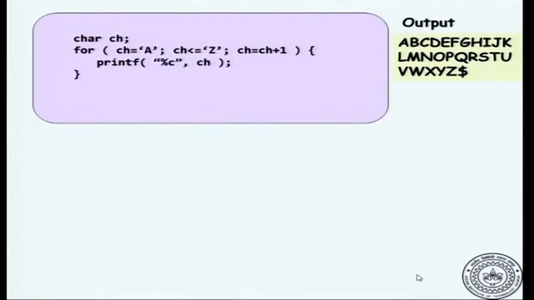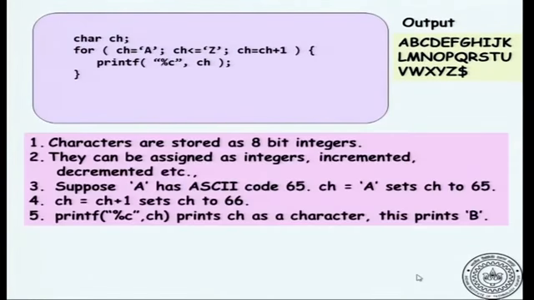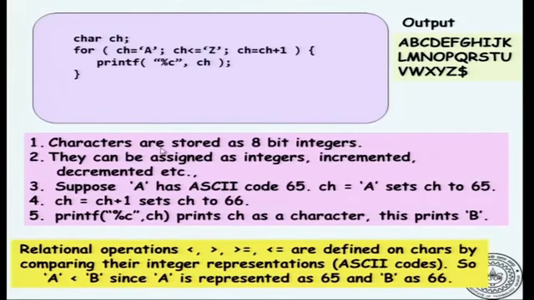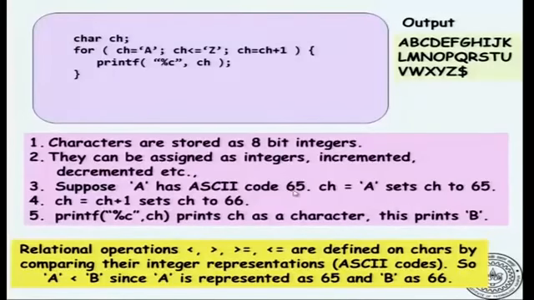Let's look at what is happening here in greater detail. All the characters are stored as 8-bit integers. They can be assigned as integers, incremented, decremented, etc., because essentially they behave like integers. Suppose A has ASCII code 65, but we are not concerned about that.